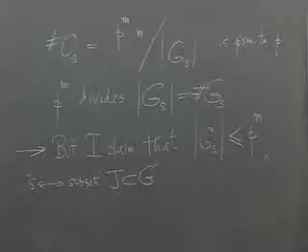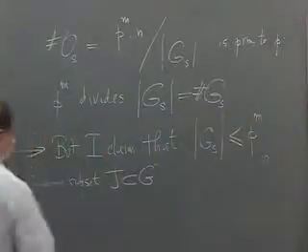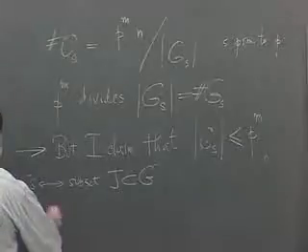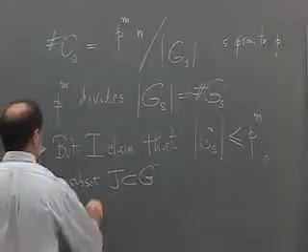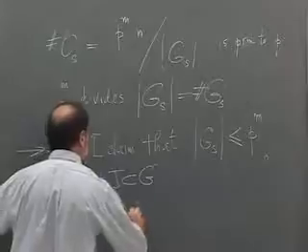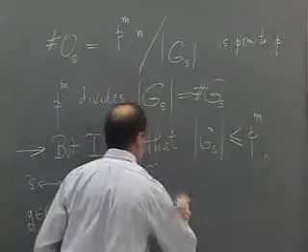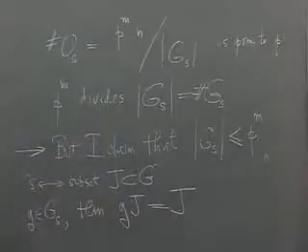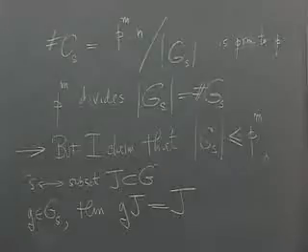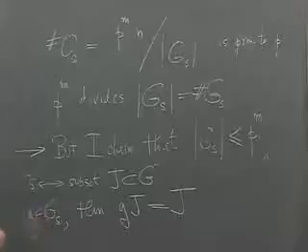So if G is in GS, then GJ has to be a set of the same size, so it's equal to J. It's contained in J. And then I claim that this implies that J is a union of left cosets of GS.